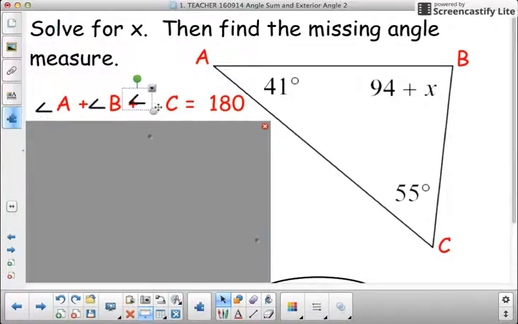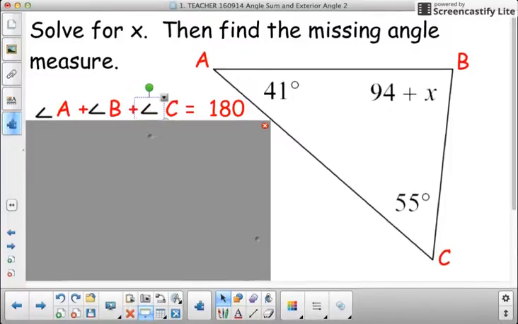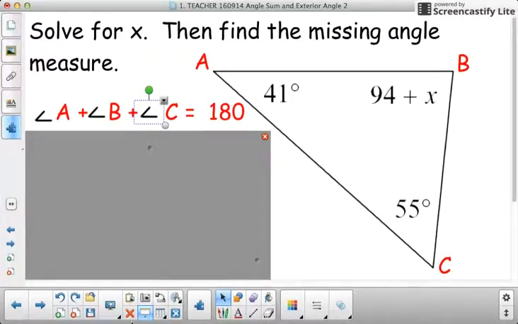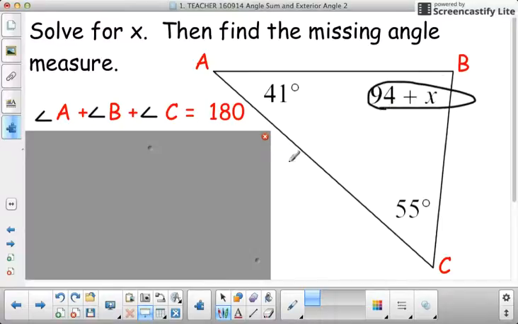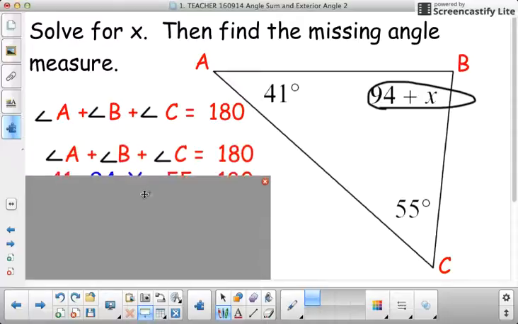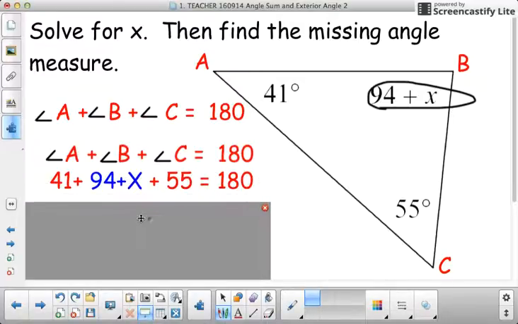All that's changed is that instead of angle B being simply numeric, it is actually an expression. So what does that change? Absolutely nothing. When I plug in for angle A, I'm still going to put 41. And when I plug in for angle B, instead of writing 94, I'm going to write this whole expression, 94 plus X. And then C is still 155.